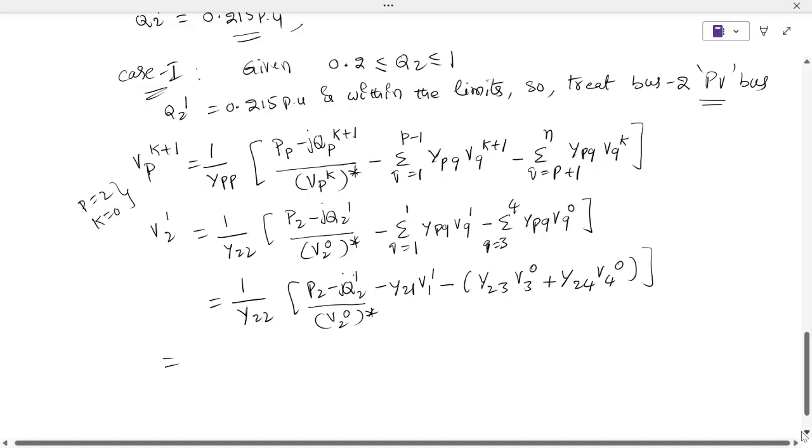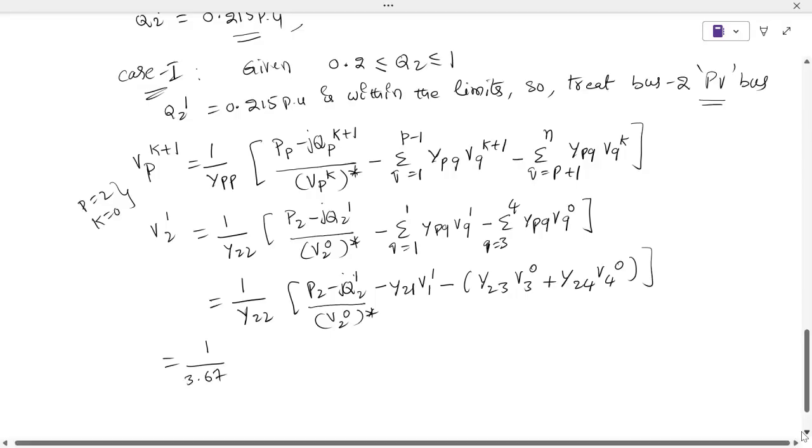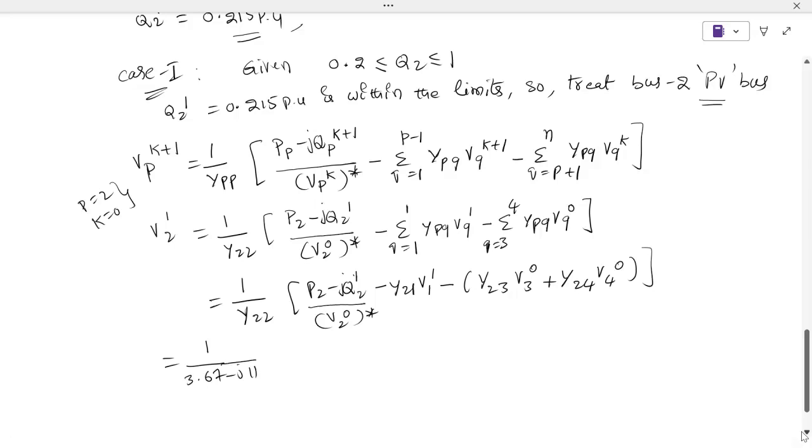Now substitute all the values, that is 1 by Y22, that is 3.67 minus J11. Here P2 is 0.5, they have given from the table in the problem. P2 value is 0.5. JQ21 already we have calculated, that value is 0.215. 0.215 by V20 conjugate.